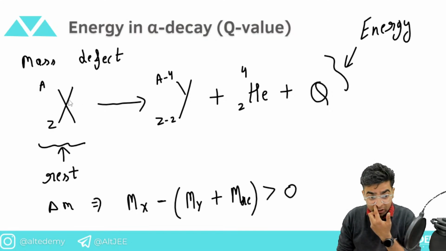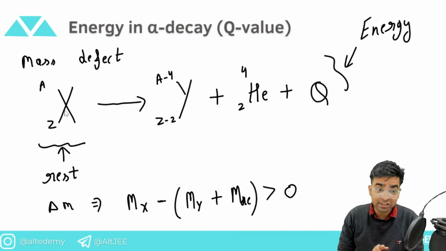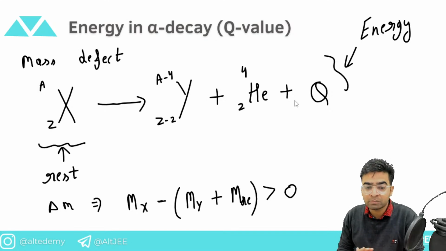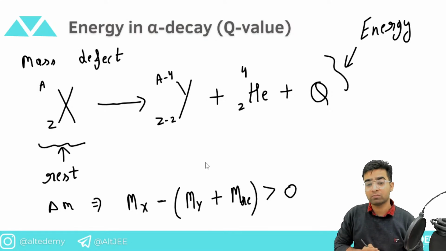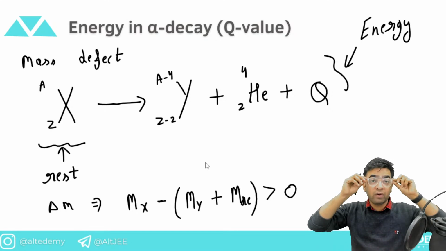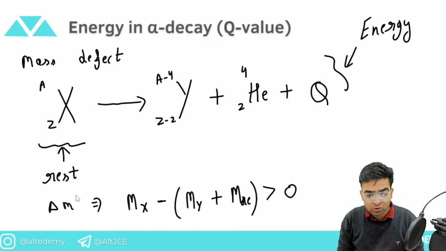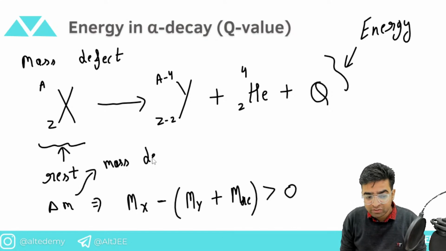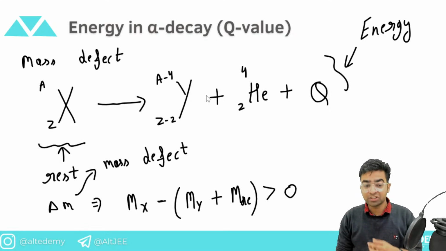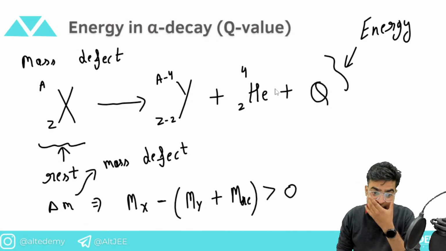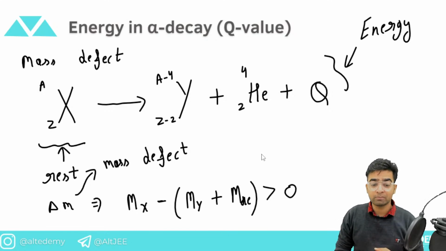The mass of the X atom is greater than the mass of the Y atom plus the mass of the helium atom. This is called mass defect.